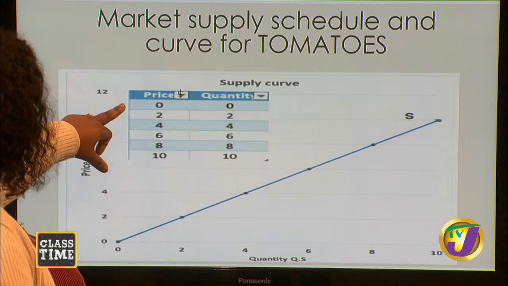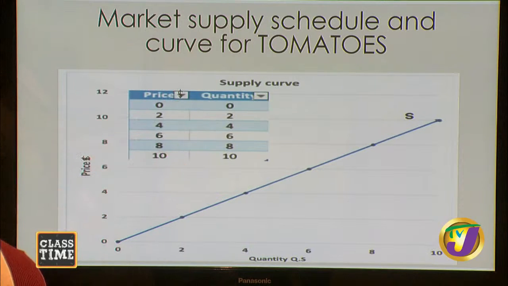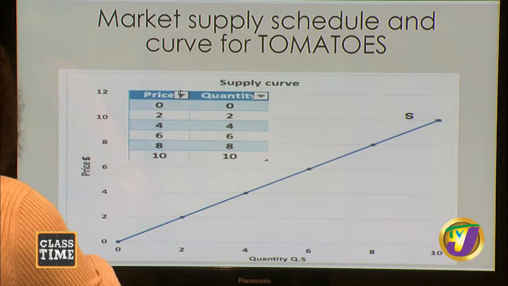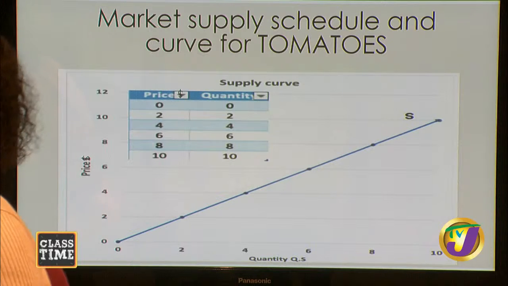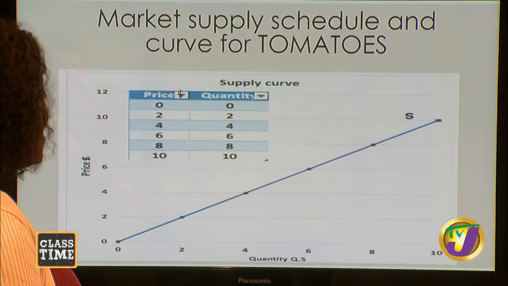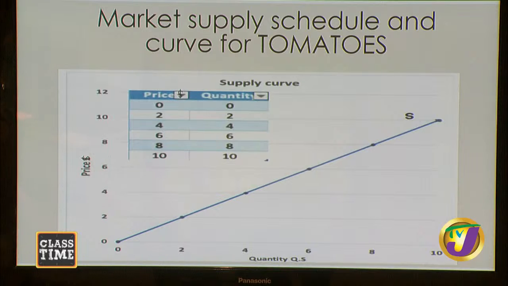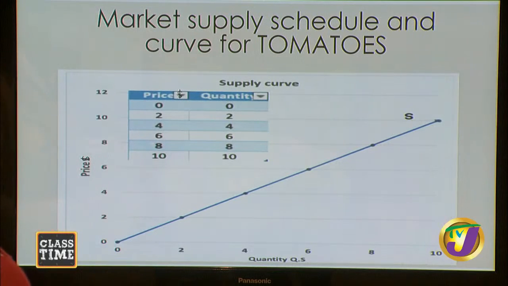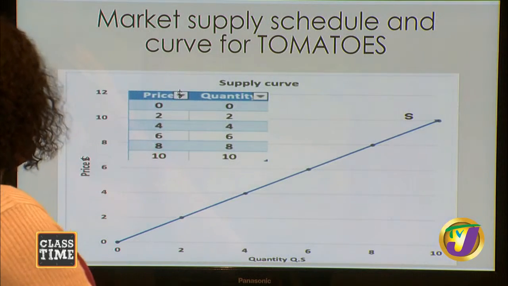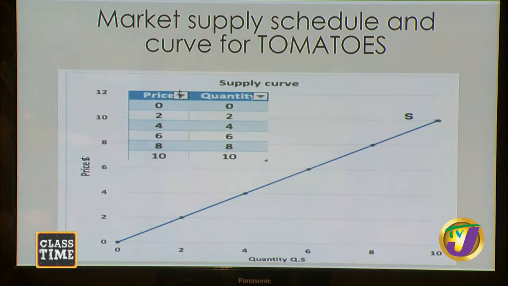So as the prices increase, so will the quantity. And it's reflected on the table here on our Y and X axis, where at the price point of $10, 10 kilograms of tomato will be supplied. And it continues down until we have a decrease in the amount of items that will be supplied at various price points.